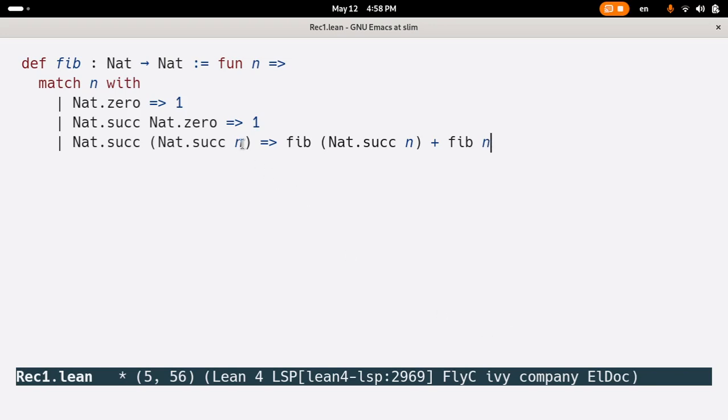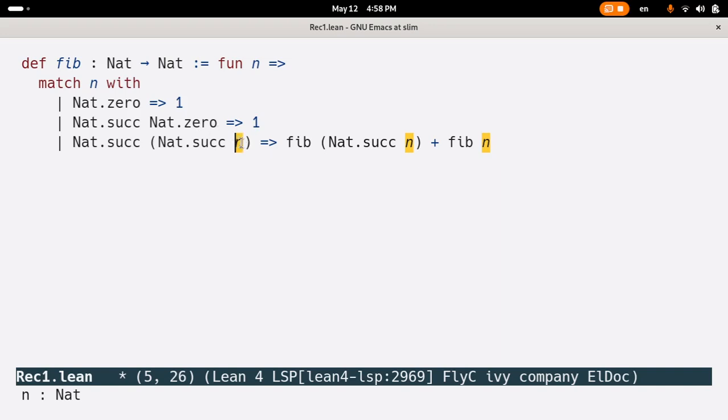Notice that I'm using the same name n to bind the variable in this pattern. This is not a problem, as in normal quantification in mathematics. So if you say for all x, it is still a valid statement in mathematics, and the inner x will shadow the outer x.